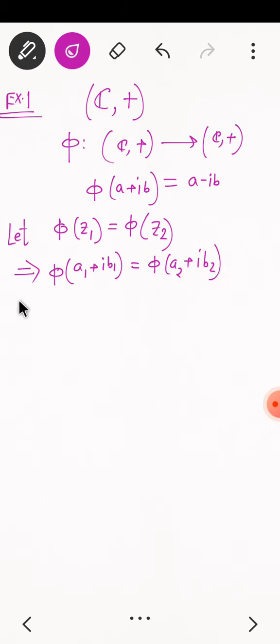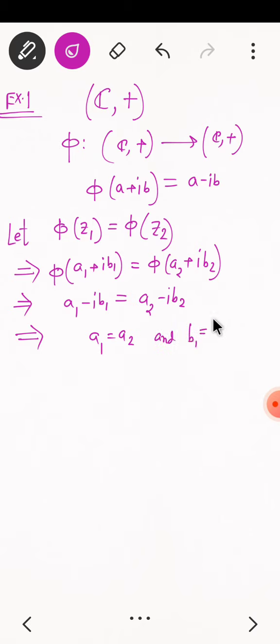By definition of phi, the images are a1 minus i b1 and a2 minus i b2, which implies that a1 equals a2 and b1 equals b2.